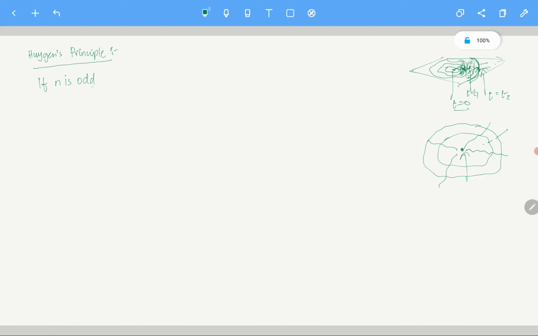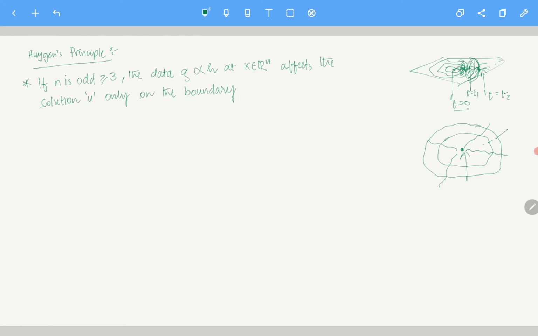Okay? So if n is odd, let's say greater than or equal to 3, of course, the data g and h, mathematically speaking, the data g and h at a particular point x in R^n affects the solution u only on the boundary.